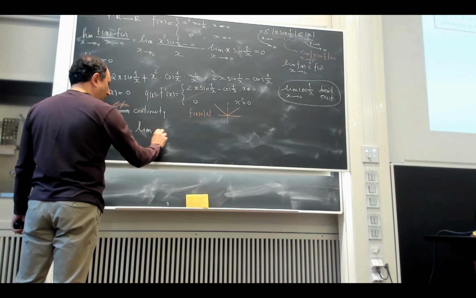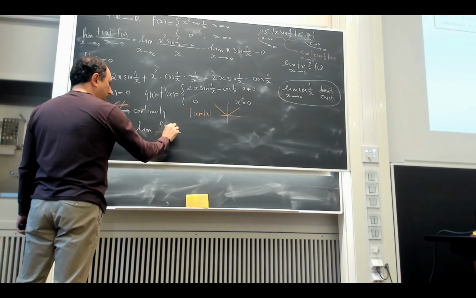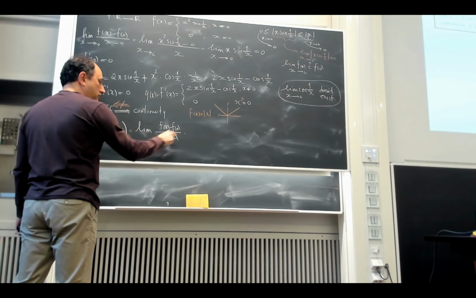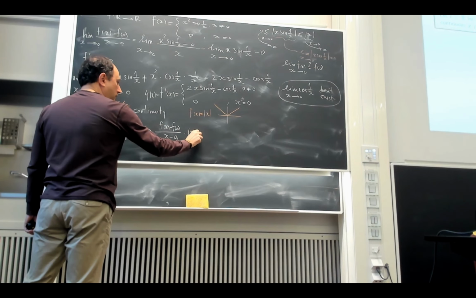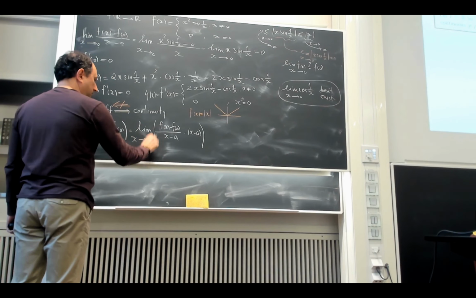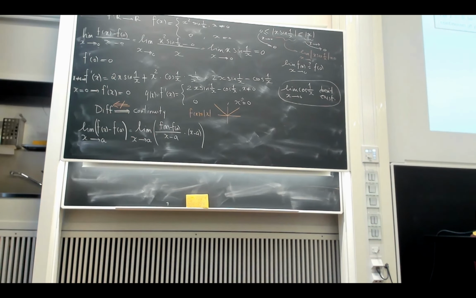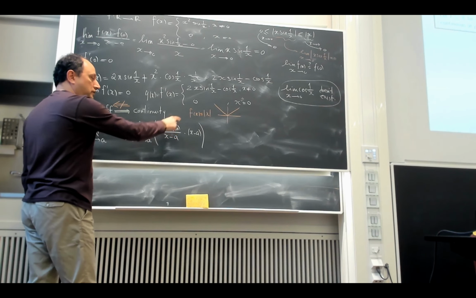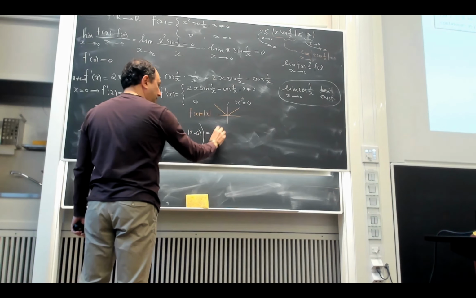So I can divide this by x minus a, but to compensate for the change I made, I also multiply by it. But can I write this limit as the limit of the first one times the limit of the second one?